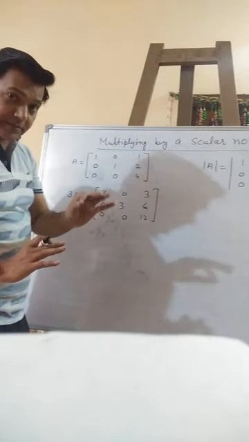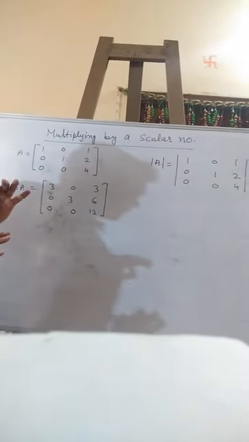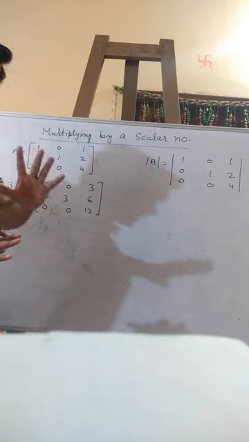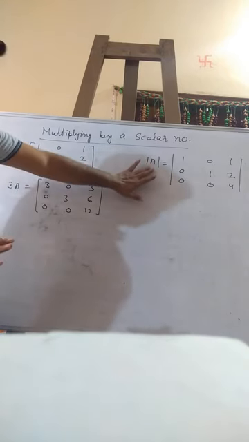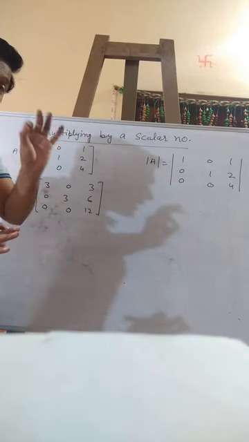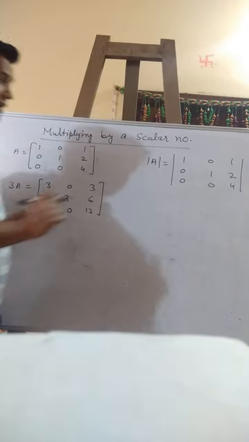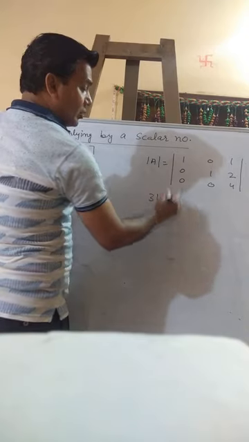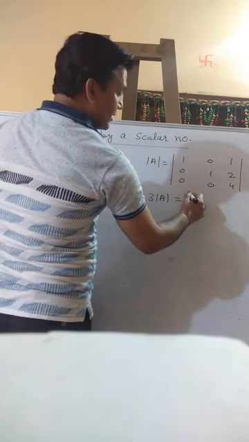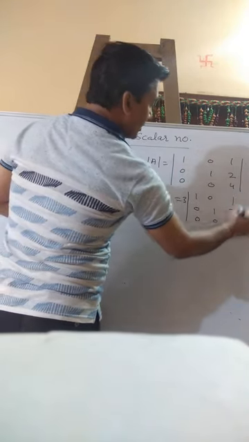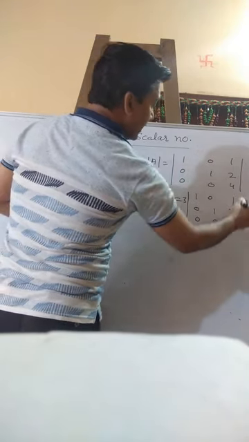But in case of determinant, we are only multiplying either a row or a column, single row or a single column by that scalar number. यानी डिटर्मिनेंट के अंदर केवल एक रो या एक कॉलम को ही अपन मल्टीप्लाई करते हैं, जबकि मैट्रिक्स के अंदर उसके सारे एलिमेंट मल्टीप्लाई. तो यदि अपने को यहाँ 3A निकालना हो तो विच मीन्स होगा 3 1 0 1 0 1 2 0 0 4, and this 3 either you can multiply it by first row or second row or third row, either first column by second column or by third column.